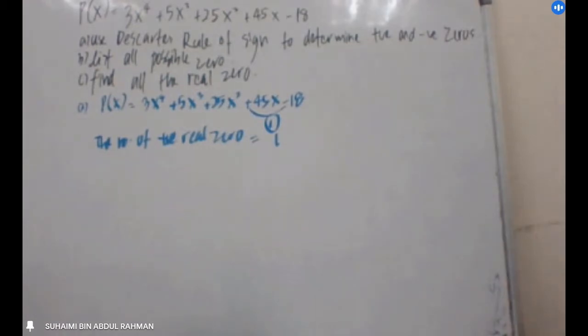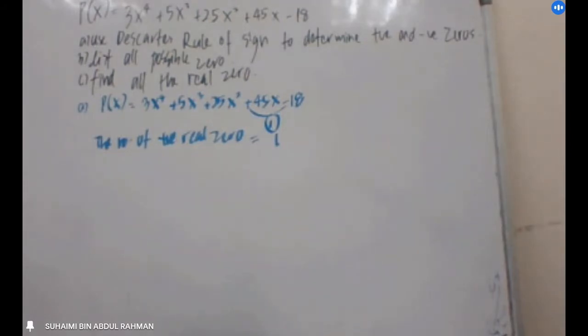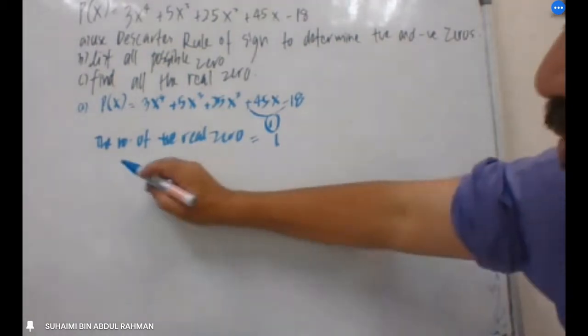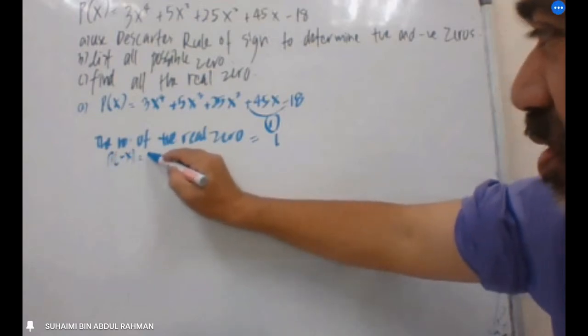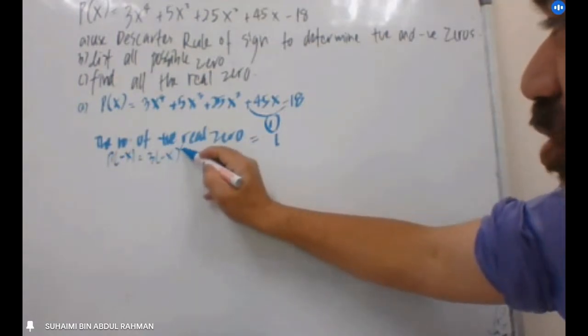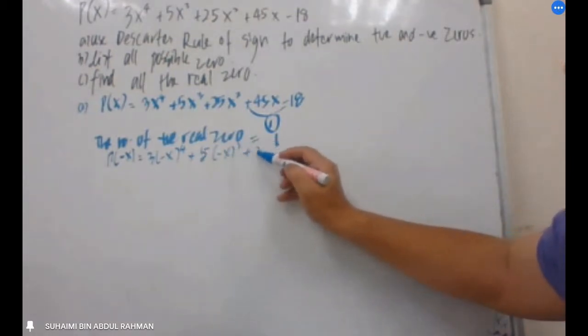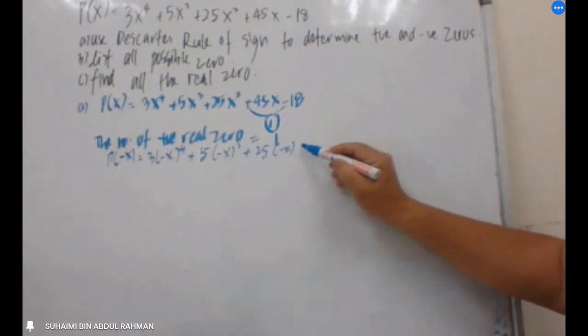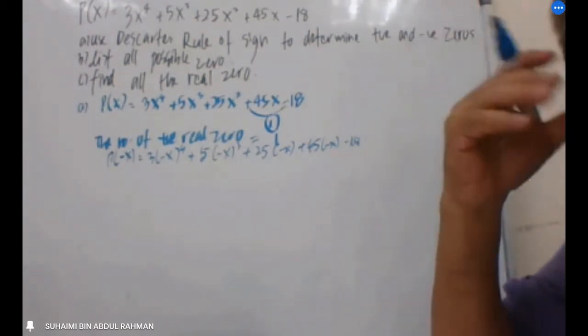Now we want to calculate the negative real zeros. This was for positive real zeros; now for negative real zeros. We substitute x with negative x. What do you get? P of minus x: 3 times minus x to the power of 4, 5 times minus x to the power of 3, 25 times minus x squared, 45 times minus x, minus 18.